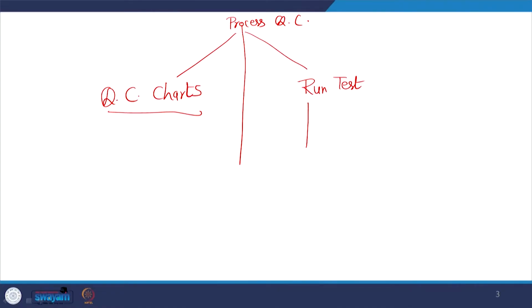Two types of run tests are popularly used: one is based on median values and another is based on up and down values. Median value is that you have some observations.